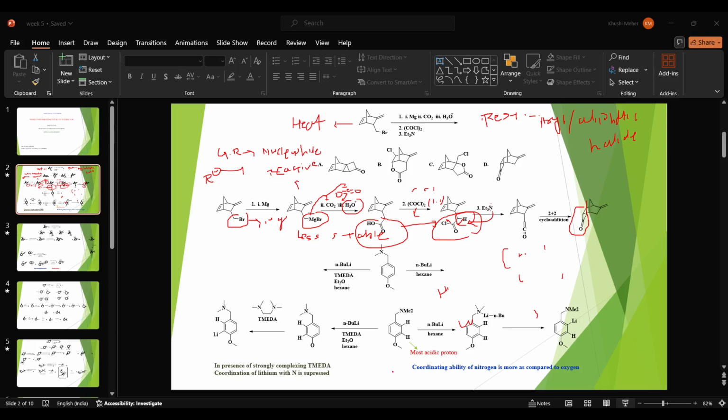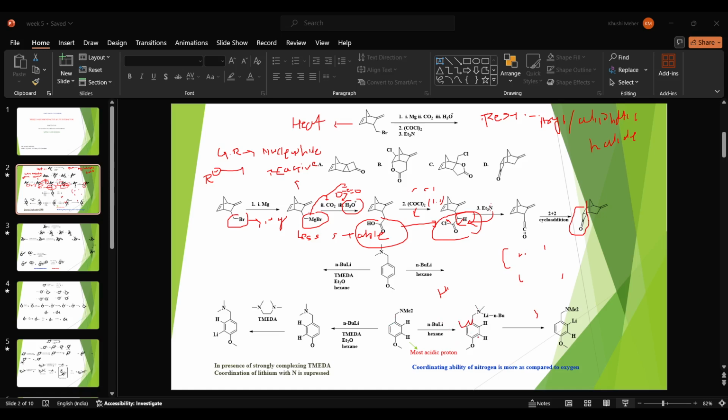Why? In the first case, the more acidic proton would normally be lithiated to the corresponding lithiated product. But in the first case, because of the nitrogen chelation with the butyl lithium, the lithium first coordinates to it.